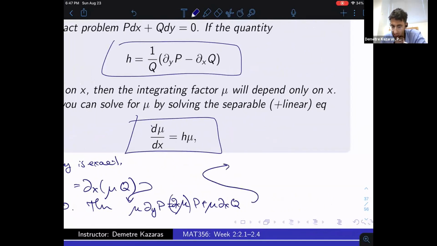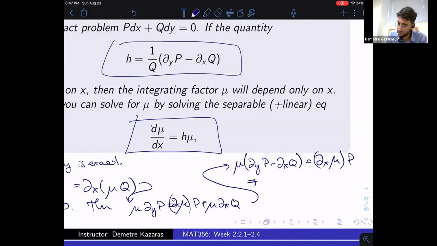So this is a differential equation for mu. Let's write it down. Let's move some symbols around. Okay, so if I subtract off this mu times the x derivative of q from both sides, mu times partial y p minus partial x q is equal to partial x mu times p.